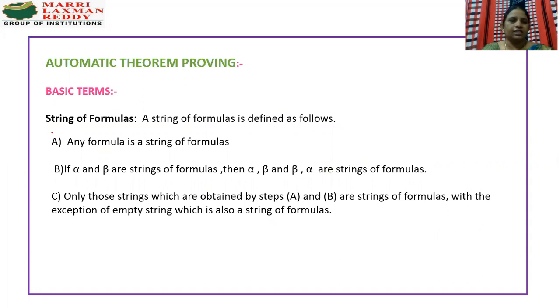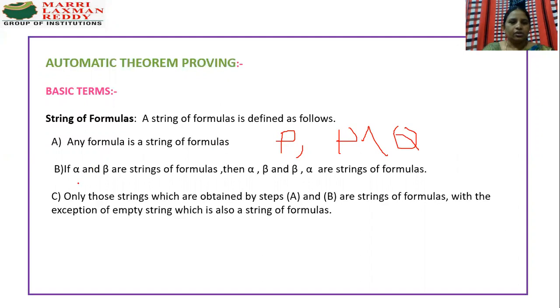basic terms. First one is the string of formula. What is a string of formula? Any formula, that means any statement: P, or P and Q, or any formula is a string of formula.